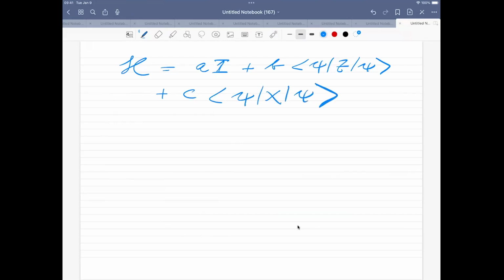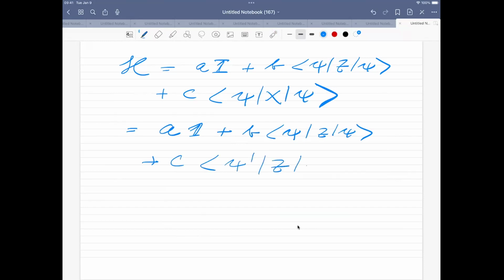So if you look at these quantities, this is something which I would rewrite in terms of an A, and this I is just equal to, we don't need to do anything here because that's just going to be 1, plus B, and then we have this state which we have transformed, but then the second term is now going to be equal to a psi prime times Z times psi prime.